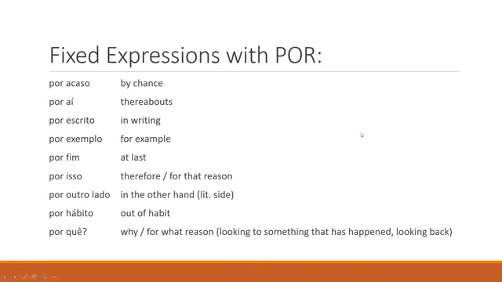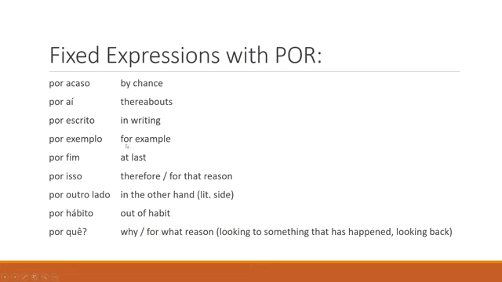Other times we've just got fixed expressions and we can't really work it out. We've just got to learn that these expressions mean this. So I've taken a few common expressions for you that you would come across. Some of them are quite easy.